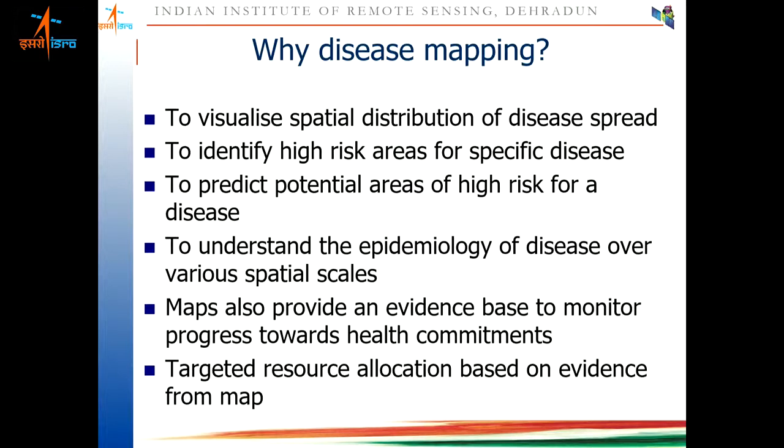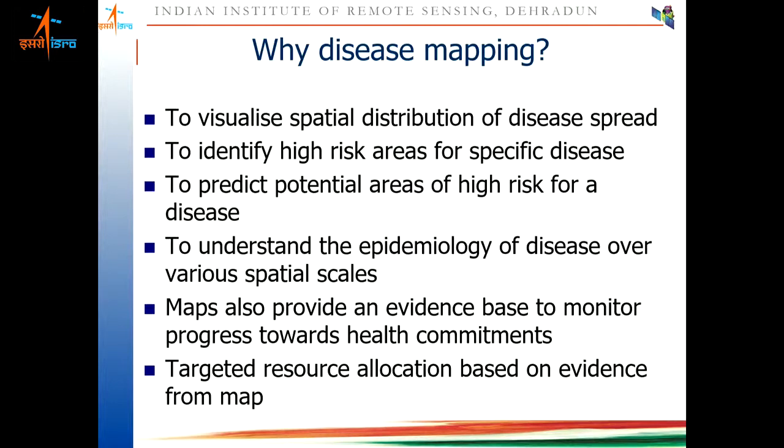Apart from mapping and visualization, risk areas of a specific disease can be identified, and what are the areas of having potential risk, like what are the chances of getting some particular disease at any location. These kinds of predictions can be done if disease mapping is done.